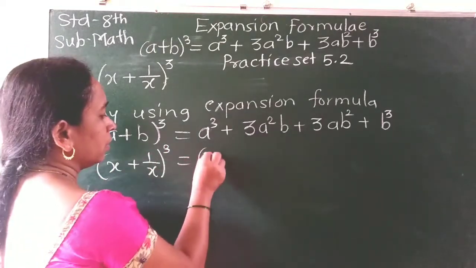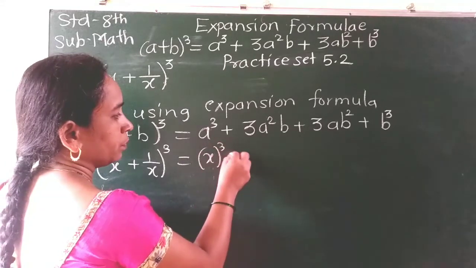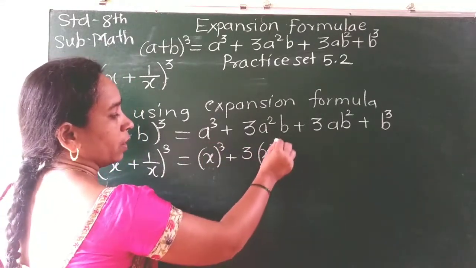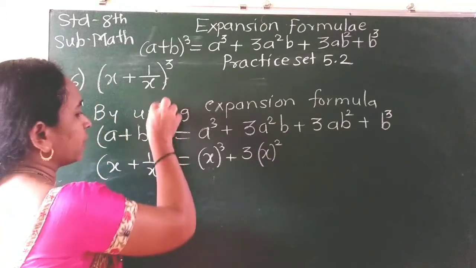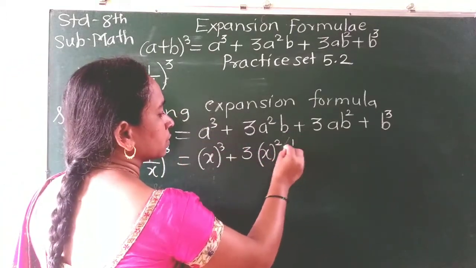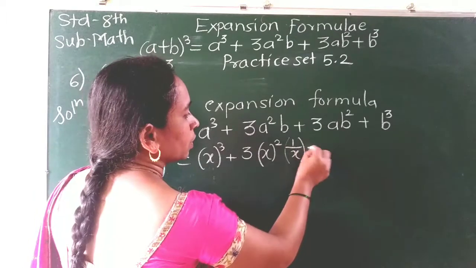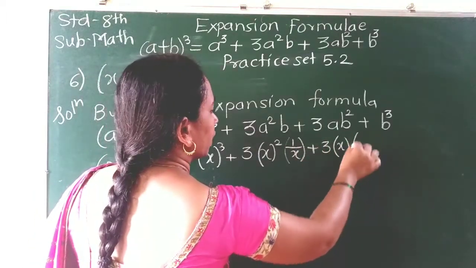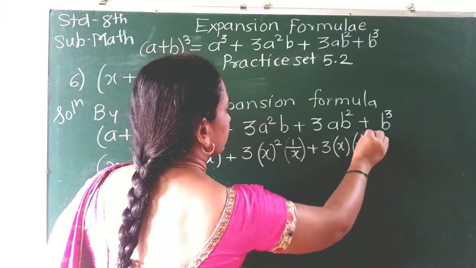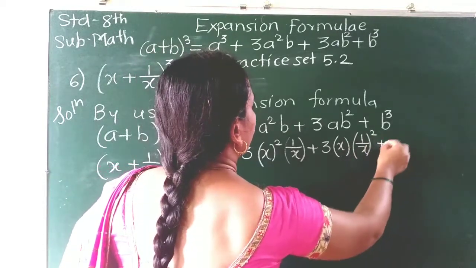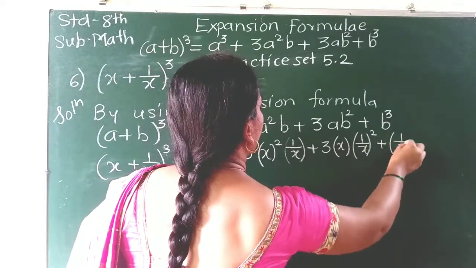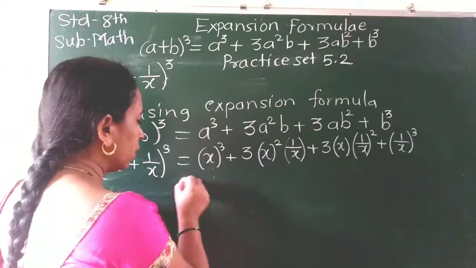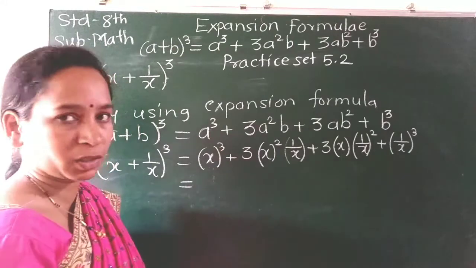Replace them. x cube. 3 into a is x, so x square. Now b's value is 1/x. Plus 3 into x. b square is (1/x) bracket square, plus b's value (1/x) bracket cube. So here we'll make the cubes and the squares.